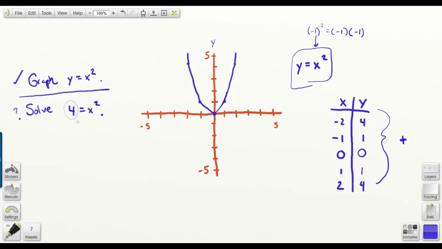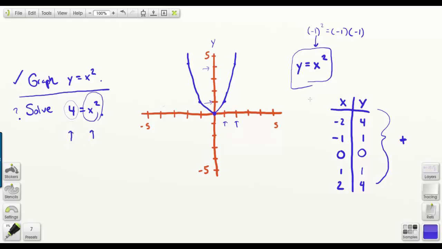Well, I will give you a hint, it's related to the graph that we've already drawn. y equals x squared is a relationship, and at each point, 1 as an x value causes us to get 1 as a y value. 2 as an x value causes us to get 4 as a y value. So we're creating that relationship. So what I'm really asking here is, when on the graph does x squared give us an answer of 4?